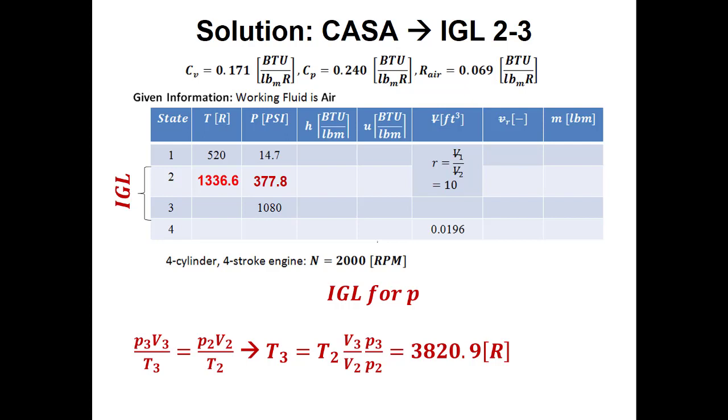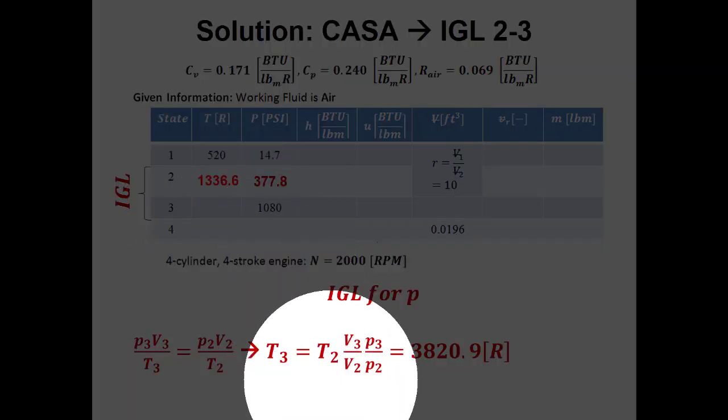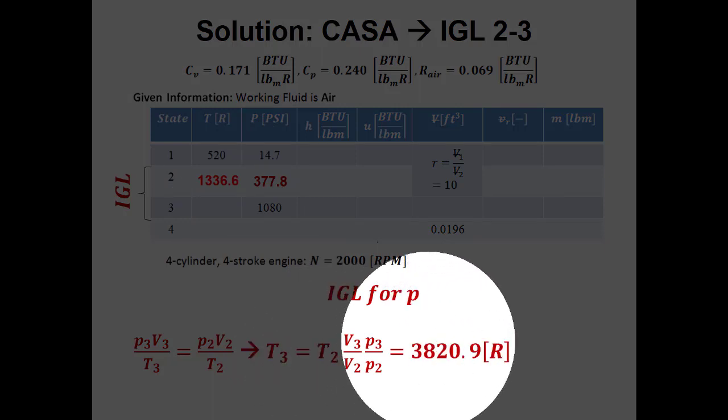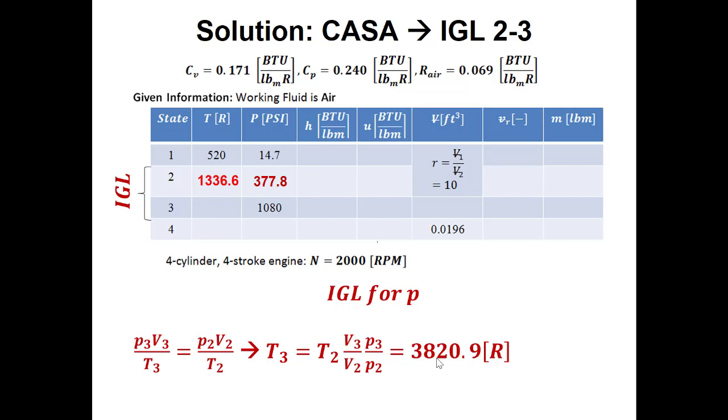I wouldn't know the temperature at state 3, and I wouldn't know the pressure at state 2, so I'd have to go back and find it. But since I already did, I find that the temperature here at state 3 is 3,820.9 degrees Rankine. So now I use the ideal gas law to get T3. Now I'm done with state 3 because the only thing that I want to know is the temperature at state 3.